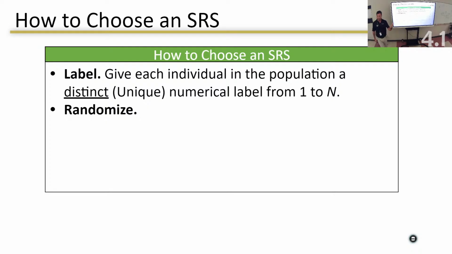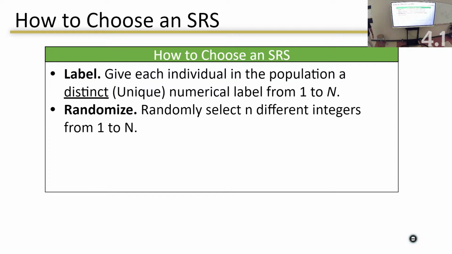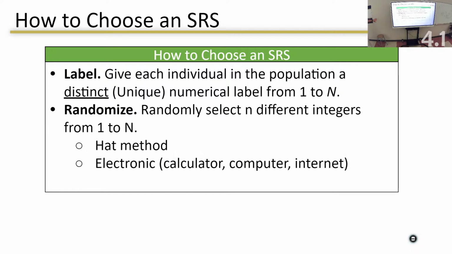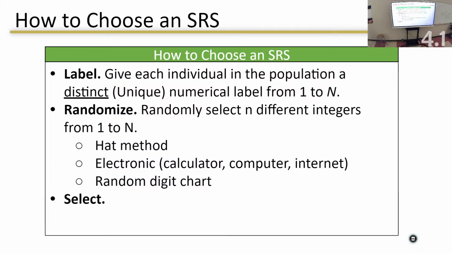Use the calculator, use the computer, use the hat, use the random digit table that I showed you guys. Somehow you have to randomize them. And then you have to select them. How many do you need? They'll tell you how many they want. They wanted 200 of those crickets out of the 40,000.